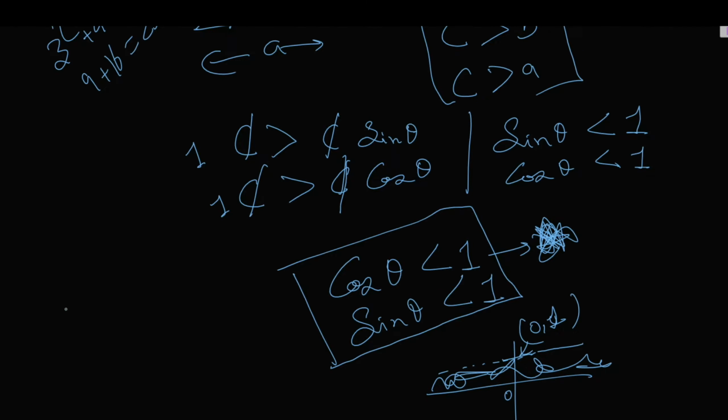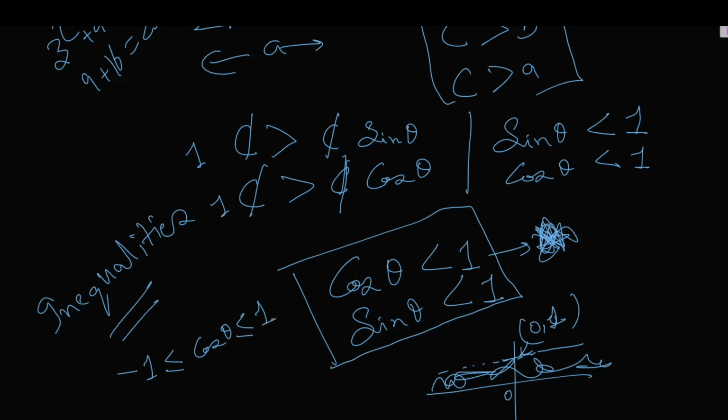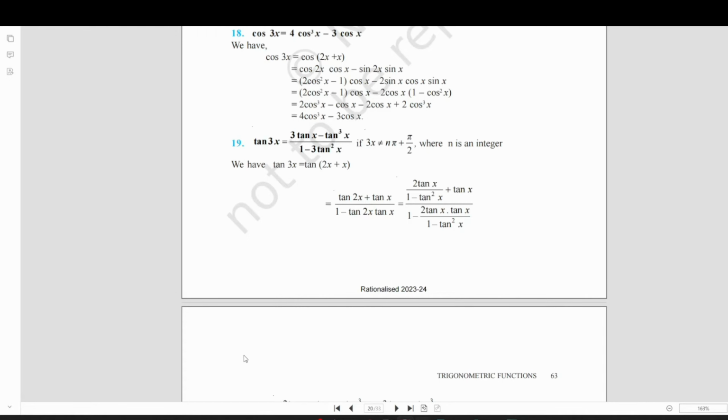Always. Here I would like to mention this is just an introduction to the inequalities. Inequality is one of the important chapters we will come across. The original range of cos and sin theta is like this. They both have the range of 1 and -1. That means it can be equal to -1 but not less than -1, and it can be equal to 1 but not greater than 1.